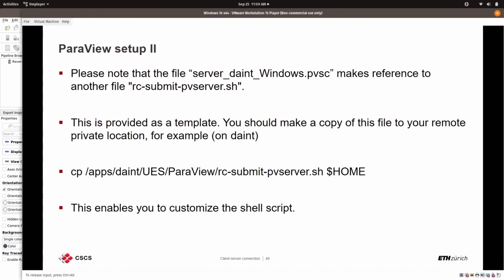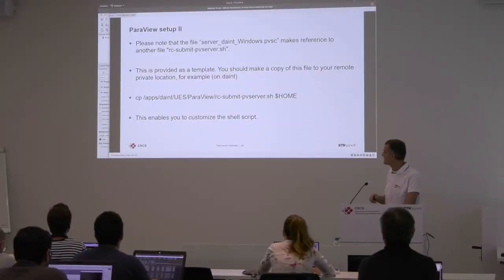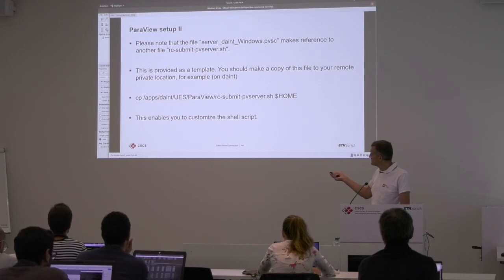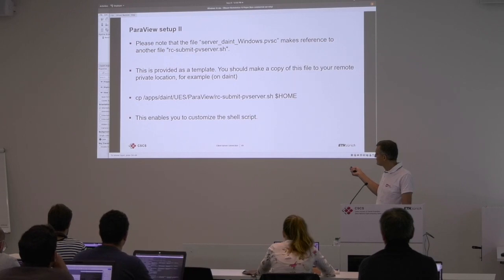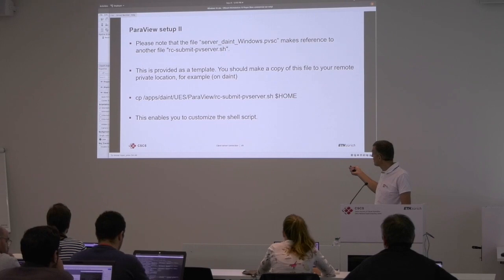That file makes reference to another file named remote connection submit pvserver.sh. This is a shell script which will generate a script for Slurm. Slurm is the job allocation tool at CSCS on Piz Daint. So my advice is to take this file, copy it to your home, and then you can customize it again for your own purpose. Okay?